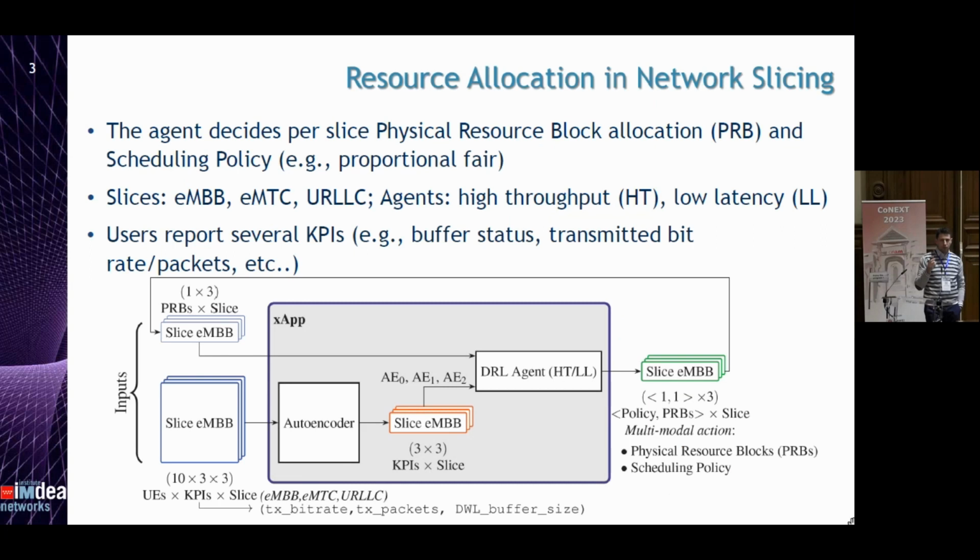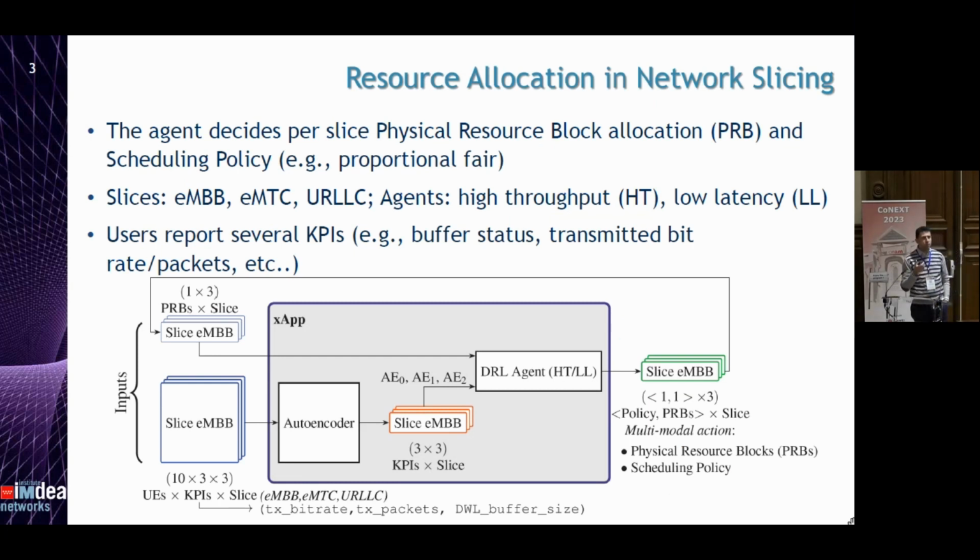And these slices basically are 3. When you read eMBB, basically think about bandwidth intensive applications. When you read MTC, read machine type communication, so a lot of packets being exchanged. And when you read URLLC, basically think about latency sensitive applications.